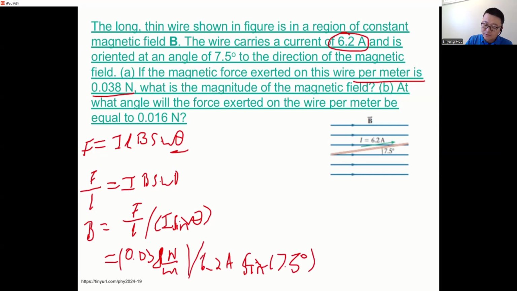All this should be in parentheses at the bottom. That will give us the B field to be 0.047 Tesla.